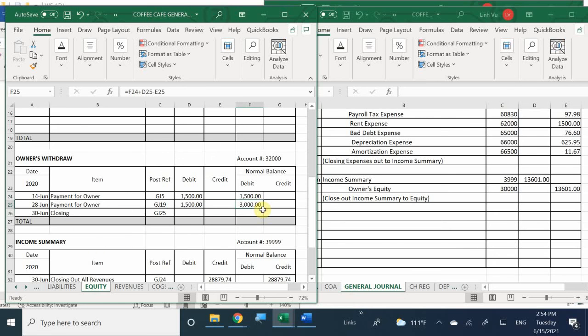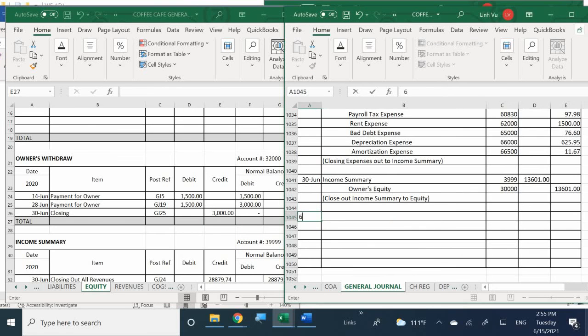3,000. So I'm going to credit my owner's withdrawal account, zeroing it out to my owner's equity, and therefore I am going to be debiting my owner's equity, because I am decreasing my company value.